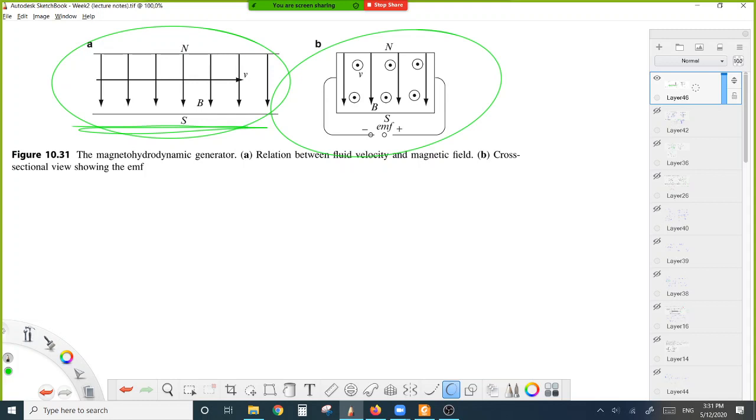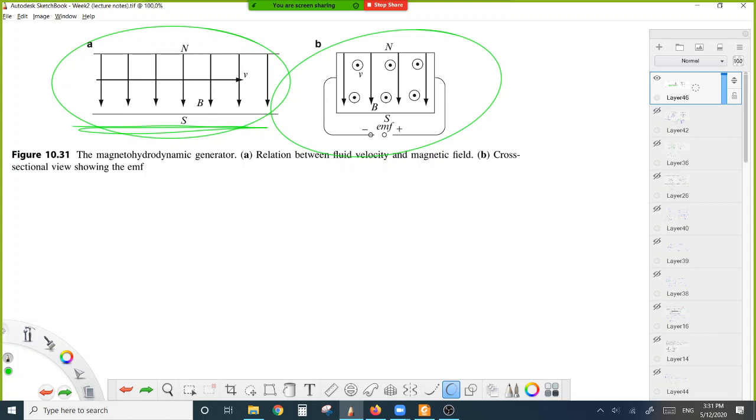So two magnets are placed here and here. Two magnets generate a very high magnetic field in a channel between them.